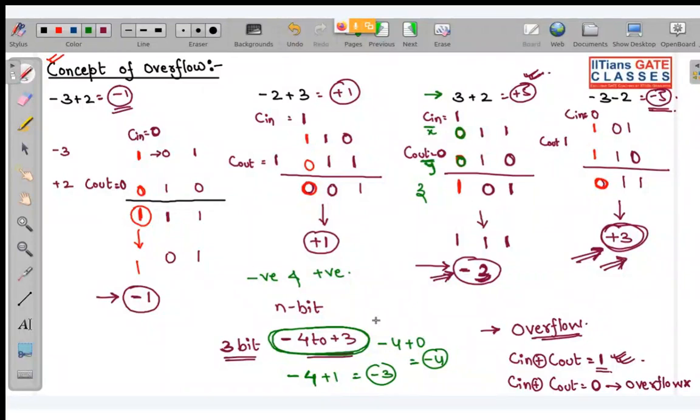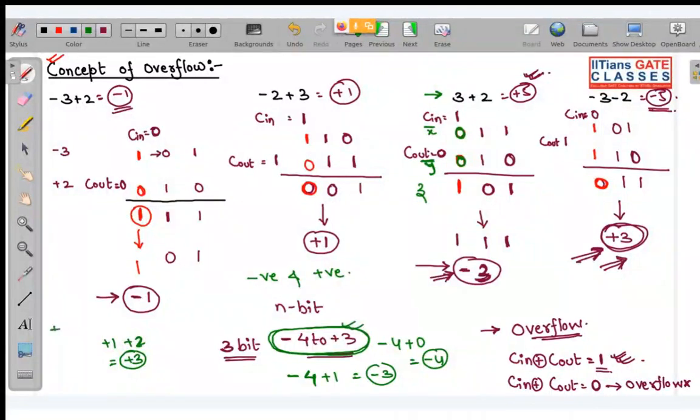Overflow is most likely to happen when you add two positive numbers or two negative numbers. Like if you add two positive numbers, let us assume +1 and +2, you get +3. This is in the range, for 3-bit.